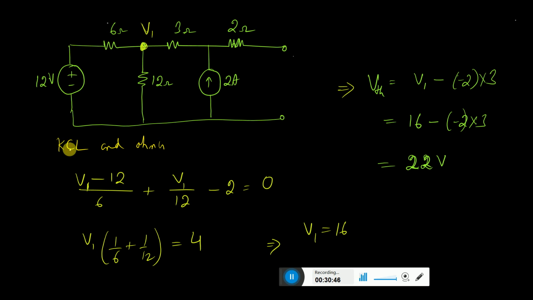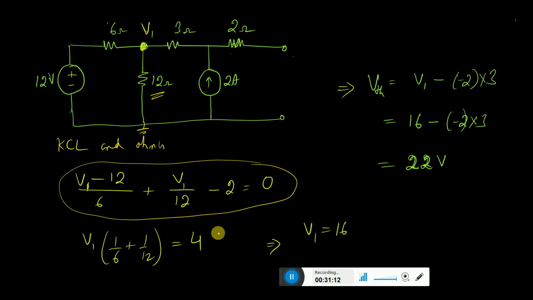So this current is (V1 minus 12) by 6, and this is V1 by 12. 12 is the resistance, and here the current is going this way and coming to the reference, because no current will go through this 2 ohm. It's an open circuit. So if the current source is there, obviously the current in this wire is 2 amperes, so it is minus 2 equal to 0. This is the equation we get. Here there is only one variable, so we get the value of V1 equal to 16.